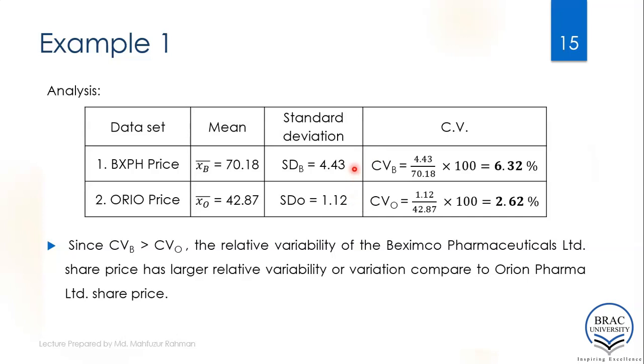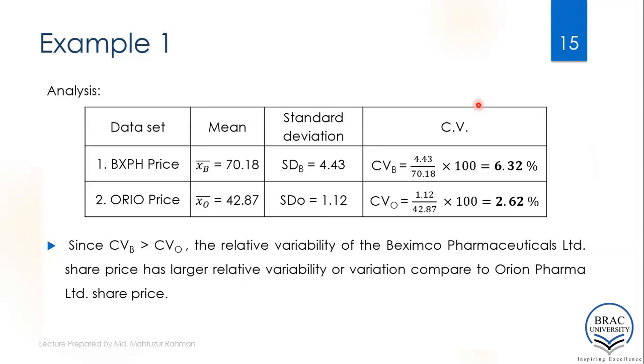Yes, we can use standard deviation, and it gives the same result, because the standard deviation for Beximco Pharmaceuticals Limited is larger compared to Orion Pharma Limited. So you can say this data set has larger variation. When we are talking about relative variation, CV provides more precise and accurate results in terms of measures of dispersion.